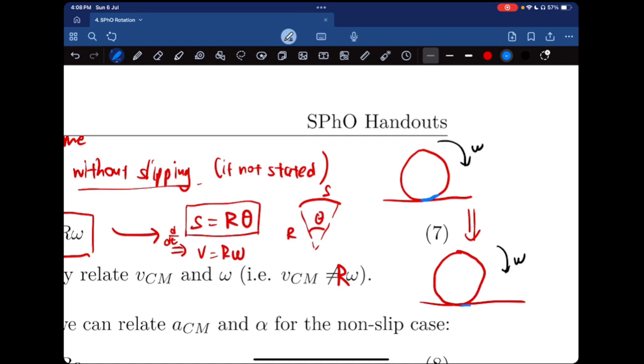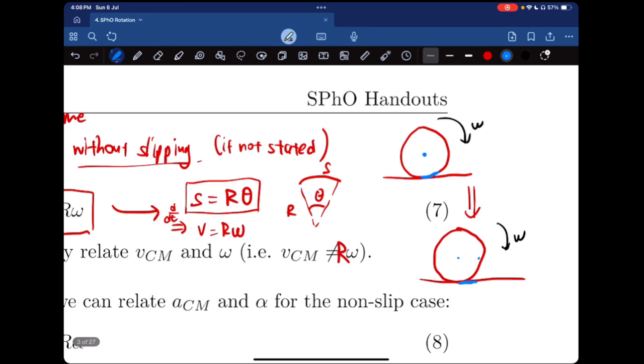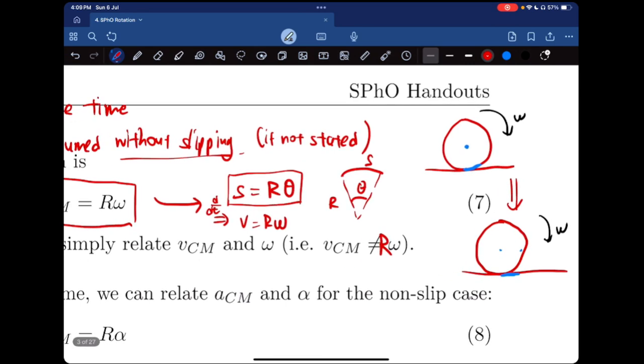And it has simply just traveled the same blue portion here. So you can imagine it as the amount of blue portion that the object has moved through will be equivalent to the amount of distance that it moves on the ground. And that's why it's not slipping, and that's why you can write that relation there.